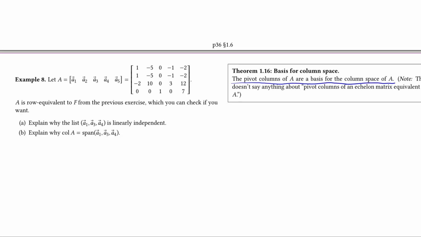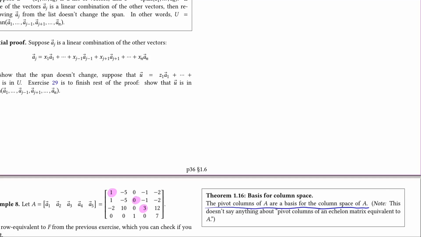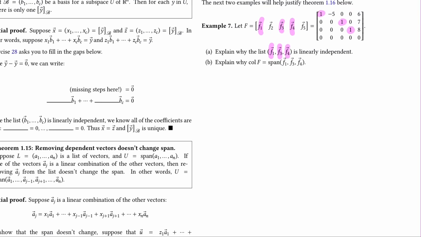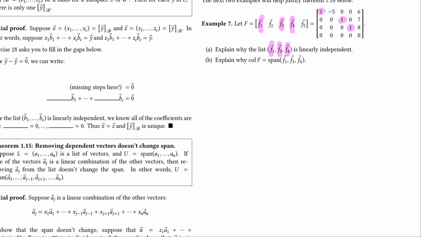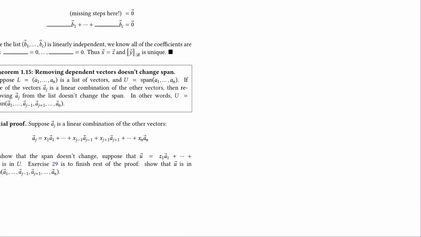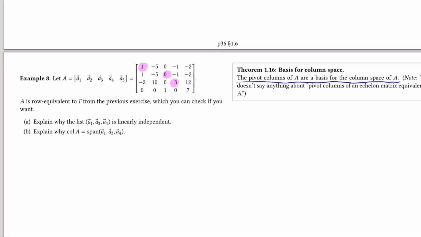So A, it turns out, is row equivalent to F from the previous exercise, which you can check if you want. And that means that the pivot columns of A are in those spots: row 1, column 1, row 2, column 3, and row 3, column 4, like so.